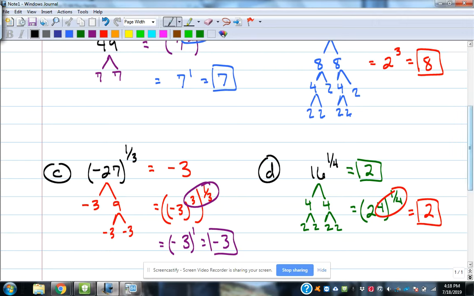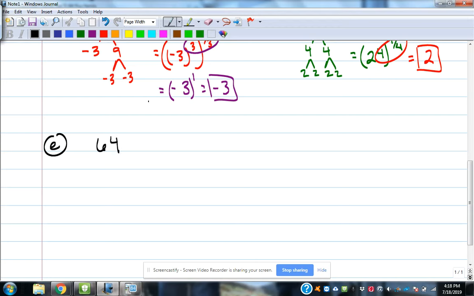So example E here. We've done 64 to the 1/2. Let's do 64 to the 1/6. That's just a different fraction exponent. That's all that is, and we can work that out. I know that 64 is 8 times 8 already. I know it's 4 times 2, 2 and 2.